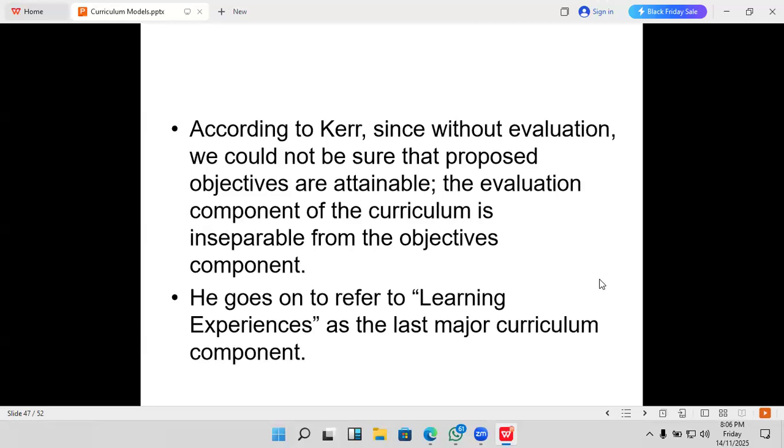The evaluation component of the curriculum is inseparable from the objective components. Here, we are not only testing and assessing the learner, but the entire curriculum should also be assessed.